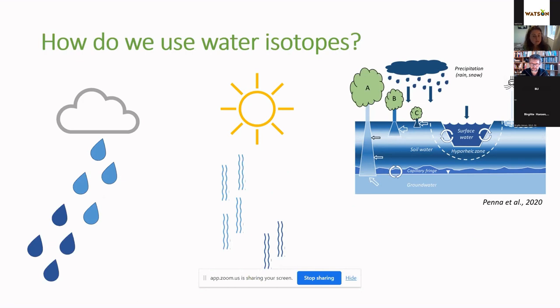And because of these processes, rainfall is highly variable in the isotope ratios, both in space and in time. And we use that to track the water through the system that you can see here on the top right.